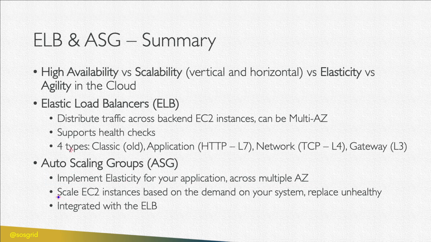You can scale your EC2 instances based on demand on your system, and it automatically replaces unhealthy EC2 instances, so if your EC2 instance crashes or anything happens to it, it automatically replaces it. Okay, and lastly, it is also integrated with ELB, just like we did in the practice. So we were able to integrate the scaling group with the elastic load balancer to see how it works realistically. So that's all about elastic load balancing and the auto scaling group.